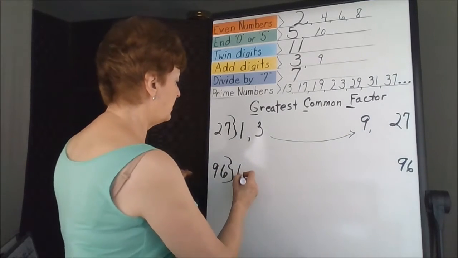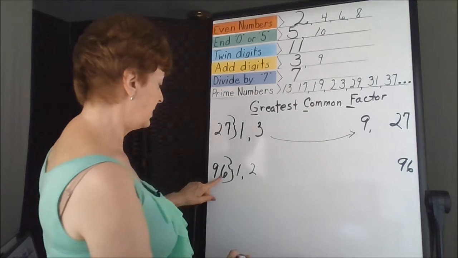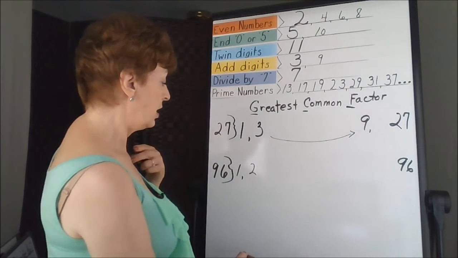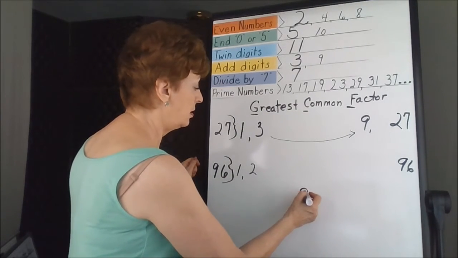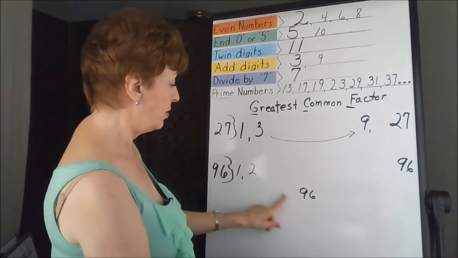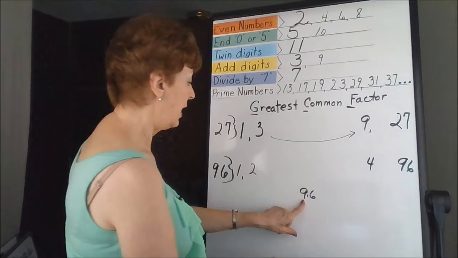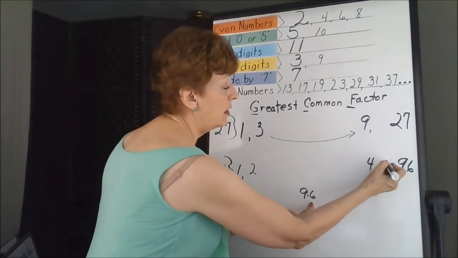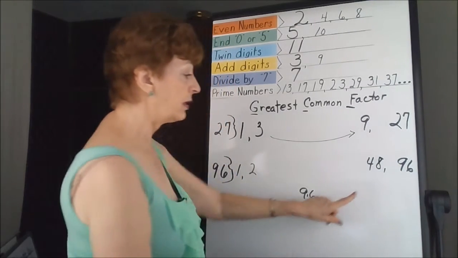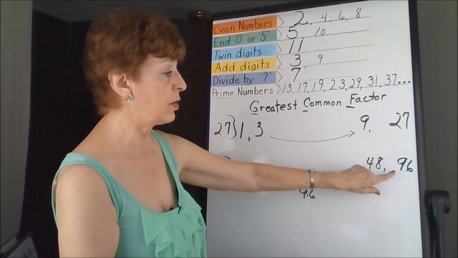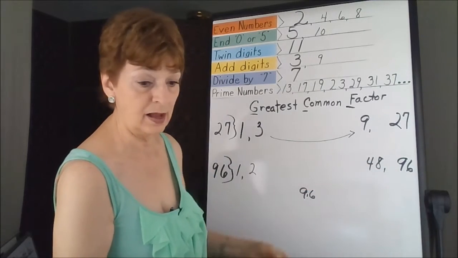All right, 2 works because 96 is even. We can use our finger division and say 2 goes into 9 4 times with 1 left over, and 2 goes into 16 8 times. So now we've eliminated all the numbers between 48 and 96. That helps a lot.